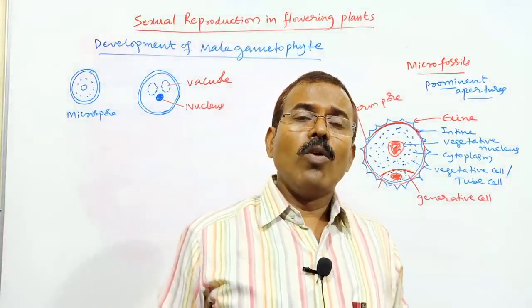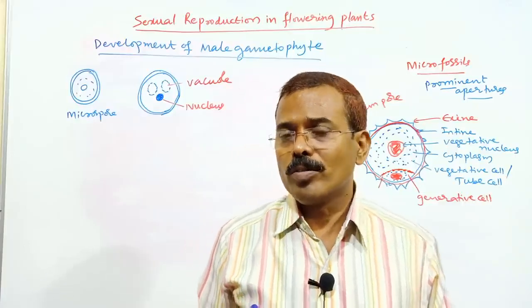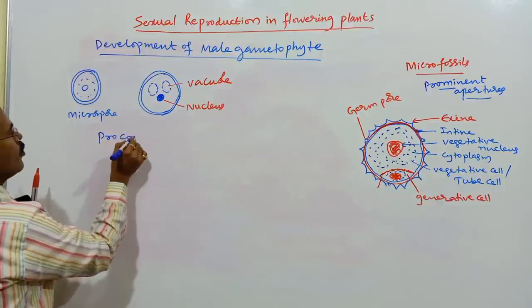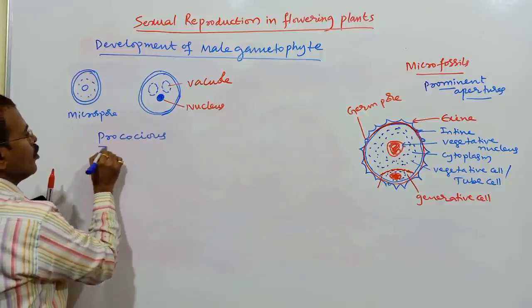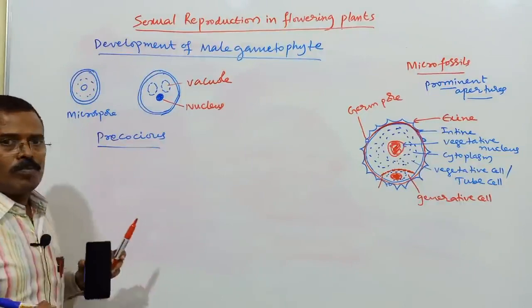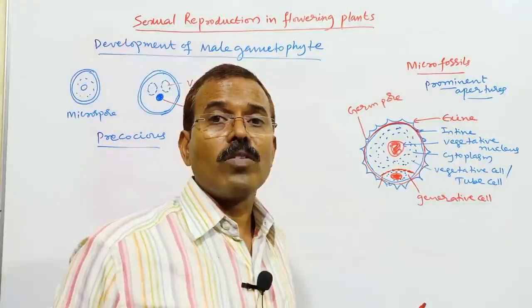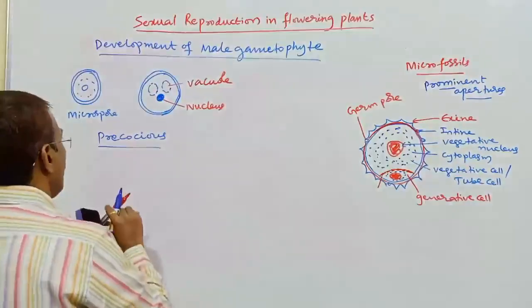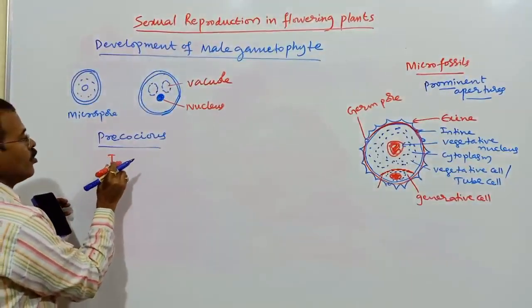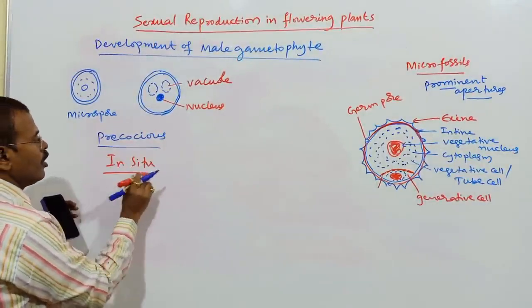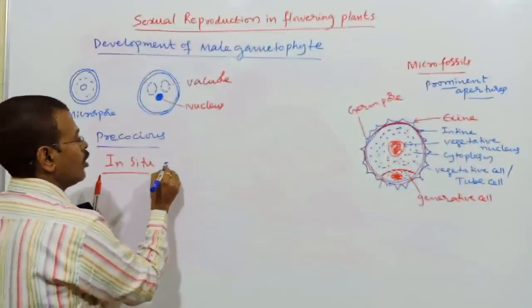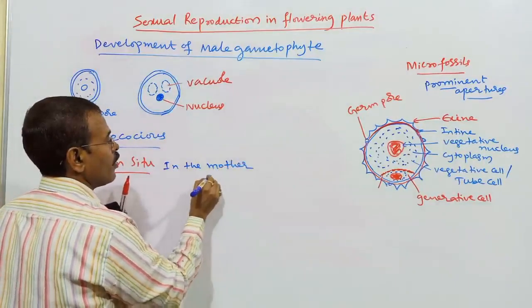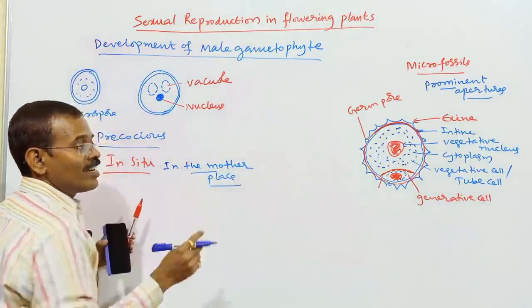The development of the male gametophyte is precocious, and it is in situ, in the mother place only, where it is produced.